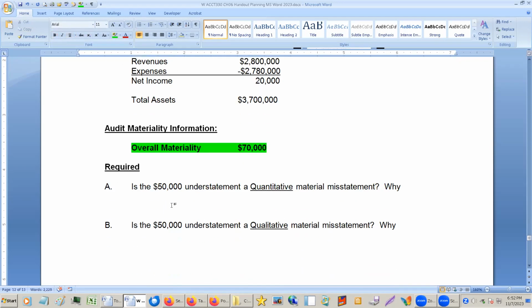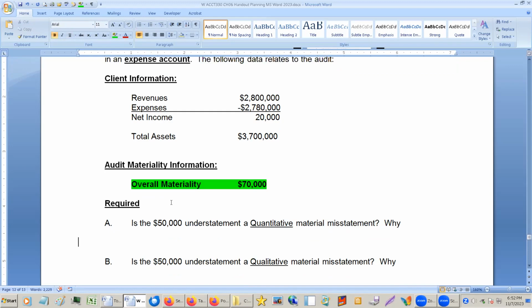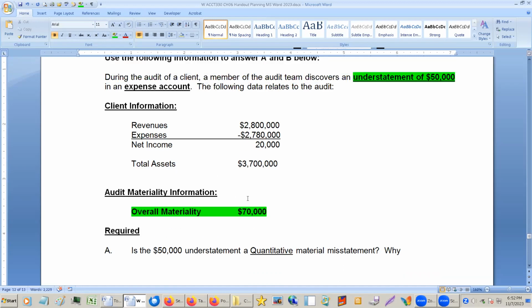So, is the $50,000 understatement a quantitative material misstatement? Quantitative means just the dollar amounts. Is it quantitatively misstated?